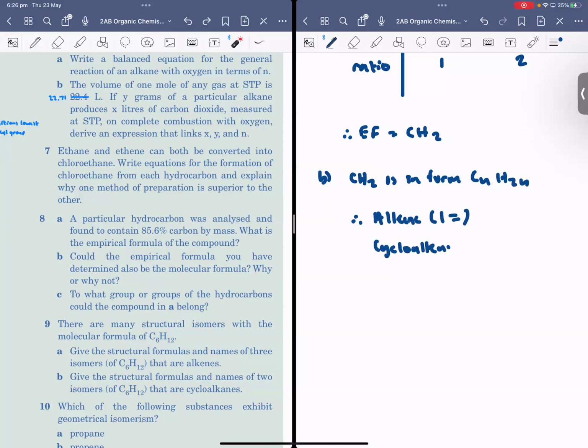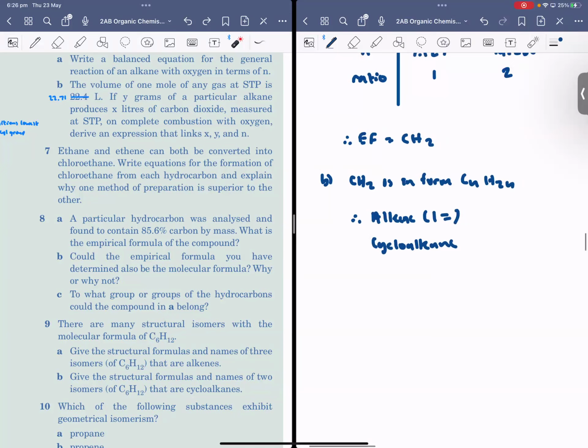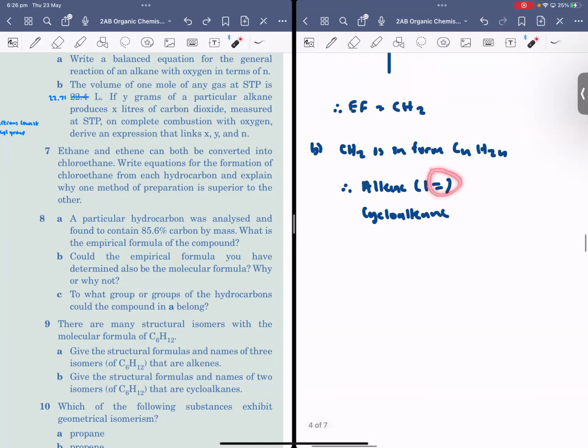But whether you're cyclic or you're alkene, do you need to link up to something? Therefore, for alkenes, you need at least 2 carbons. And for cyclic, you need at least how many? 3. You can't have smaller than 3 cyclics, okay? So therefore, at least 2 carbons needed.